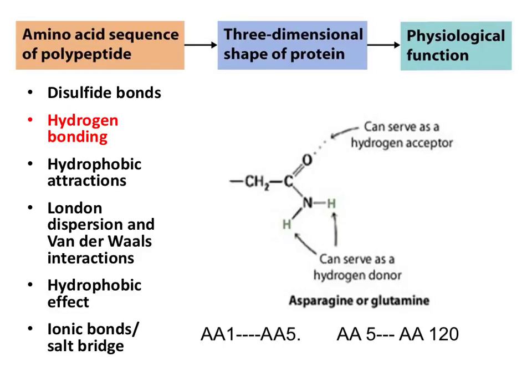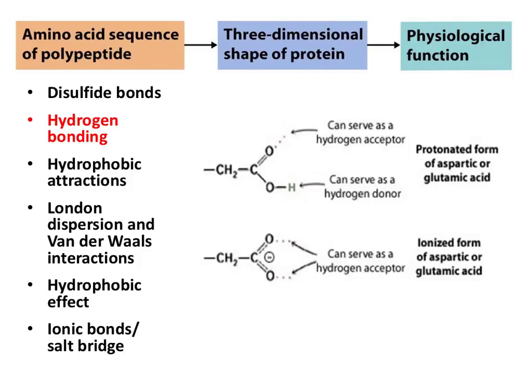For example, a polar amino acid side chain at position number 1 can make a hydrogen bond with one that is nearby, but at the same time, a polar amino acid at position number 5 can make a hydrogen bond with one that is far away in the sequence, like 120.